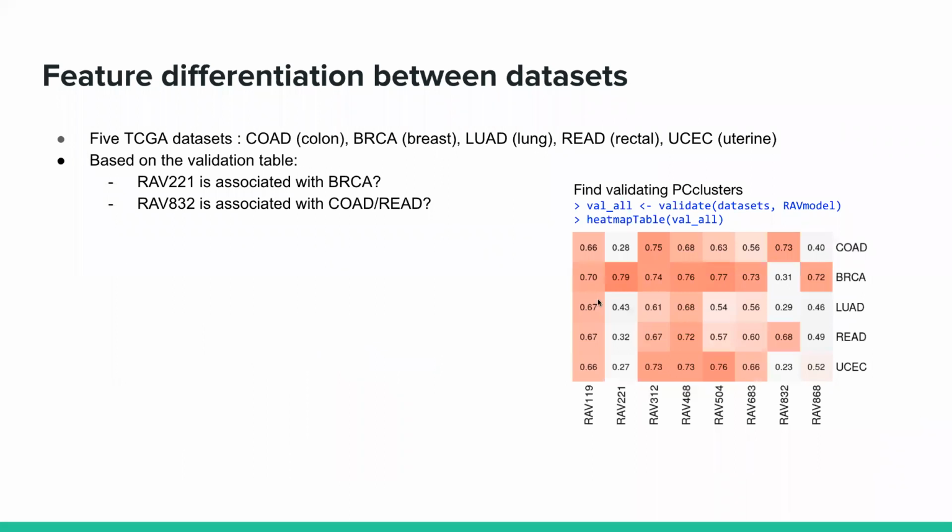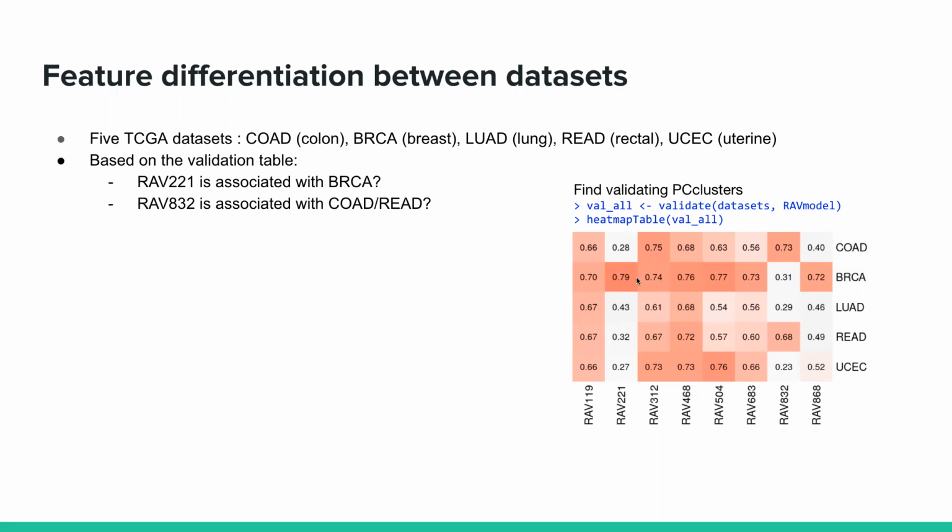I mentioned that the validation function could take multiple data sets. This is an example here where we took 5 different data sets from TCGA and ran each of these. So this is a list of these 5 expression data sets, matched against the RAV model in order to try to identify components that are maybe not specific, that are present in all of them, and ones that are specific.